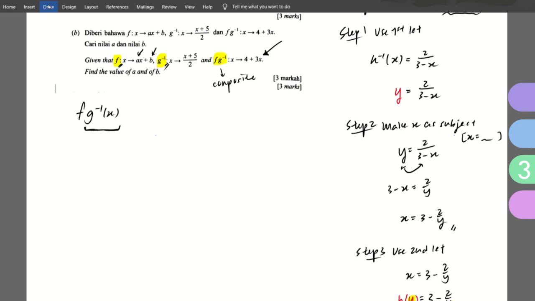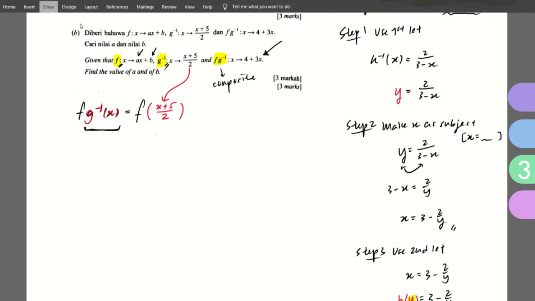A composite function is always looked at from the function inside. So we need to change g inverse. How do we change it? It's actually quite simple. You just need to sub the g inverse inside here. So this x plus 5 over 2 becomes the new object of f.